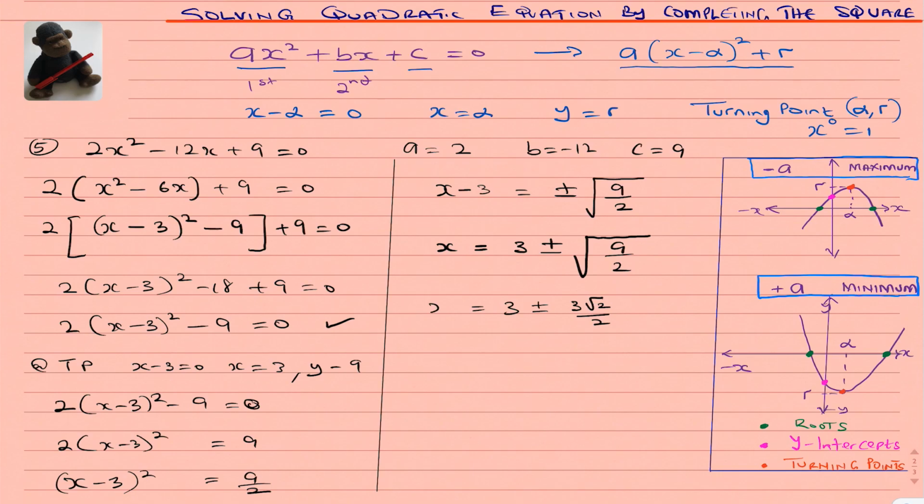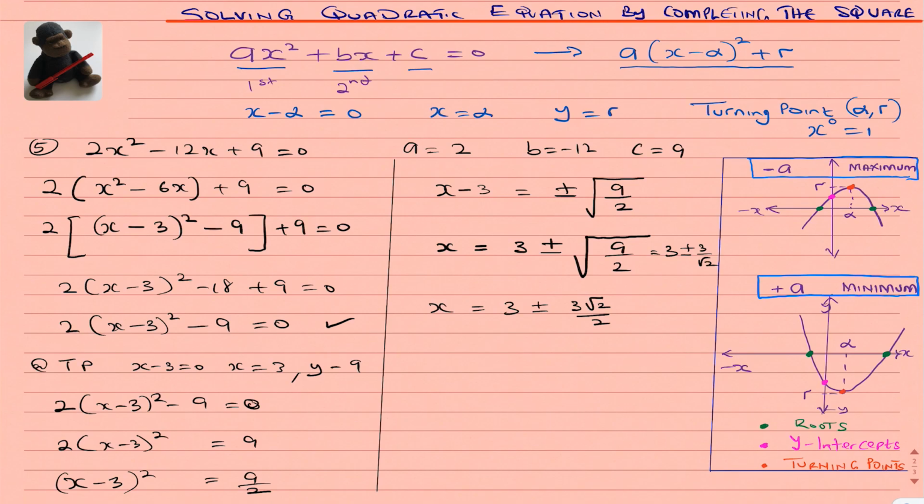That's your answer in surd form, because root 9 is 3. So let me just write 3 plus or minus 3 over root 2. But 1 over root 2 is root 2 over 2. And that's why you get 3 root 2 over 2.